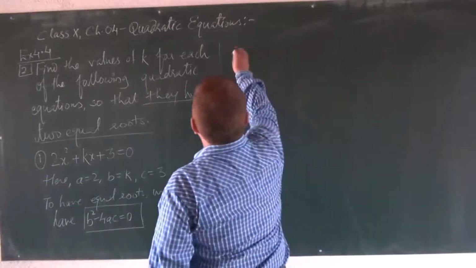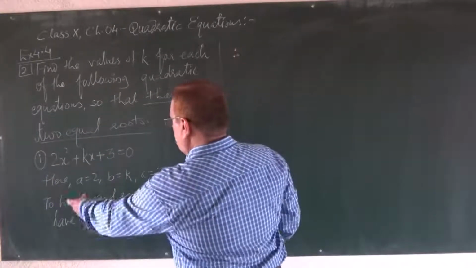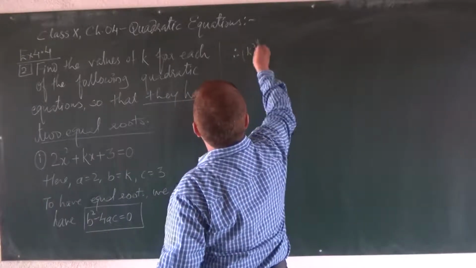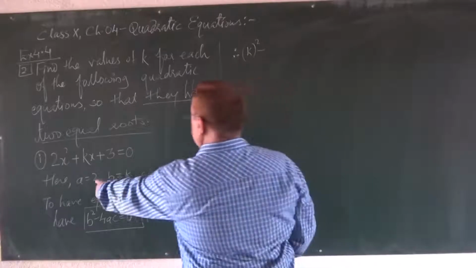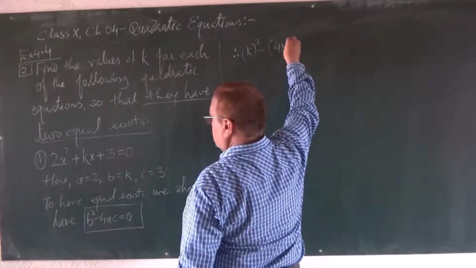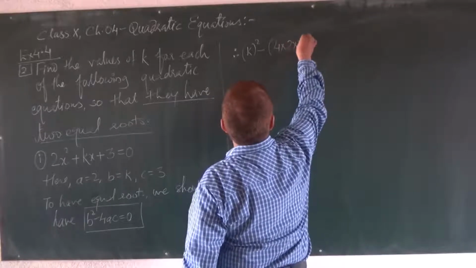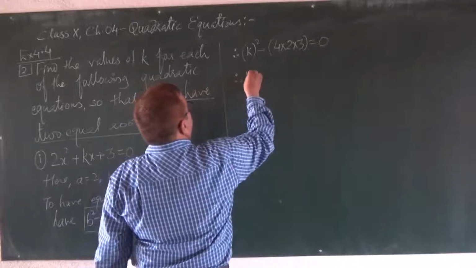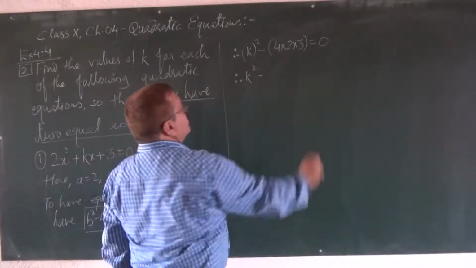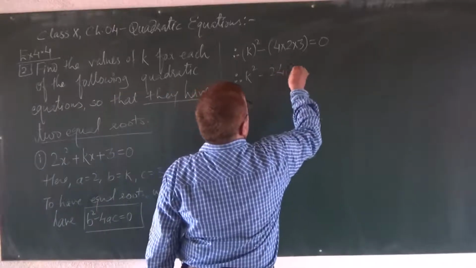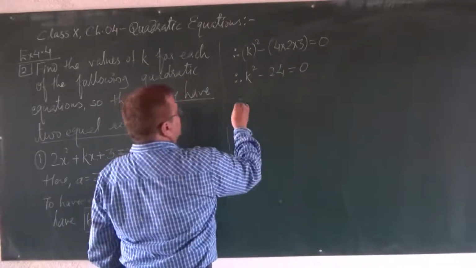So what is the value of b? k. So k square minus 4ac, a into c. So bracket 4 into a is 2 and c is 3, is equal to 0. So therefore k square, 4 2s are 8, 8 3s are 24. So k square minus 24 is equal to 0.